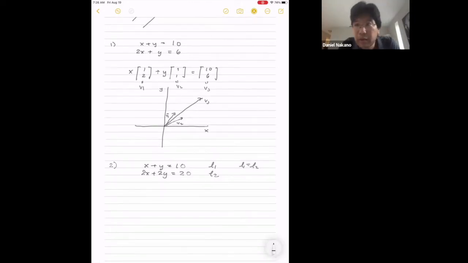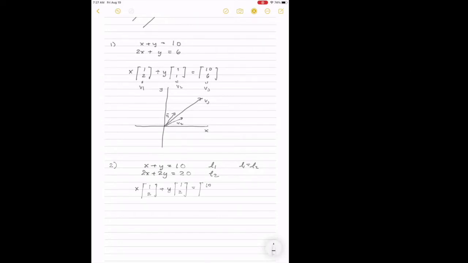Now, let's apply the same vector procedure that we've done to the prior example. So we'll pull the x out and we'll pull the y out and see what we get. We have x times (1, 2) plus y times (1, 2) is equal to (10, 20).